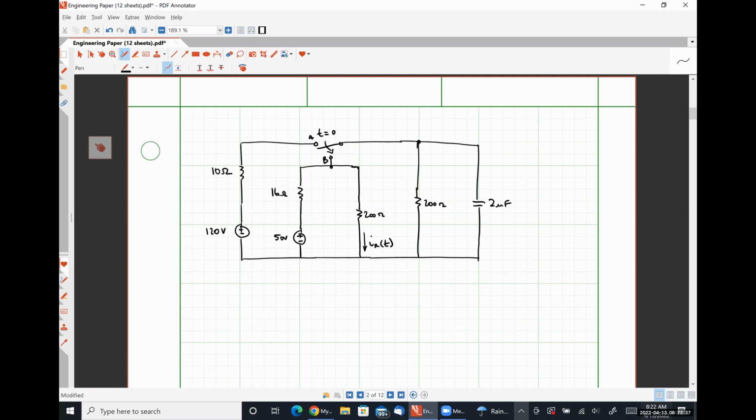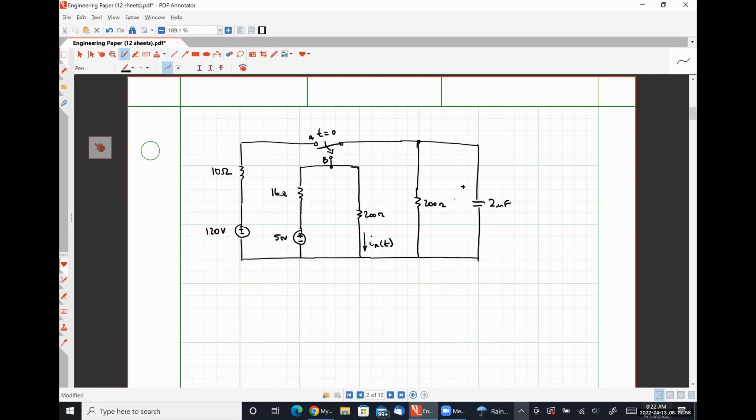Okay. So this is absolutely an example of a total response problem because there is going to be an independent source that is connected to the energy storage element, in this case, our 2 microfarad capacitor, during the transient condition.